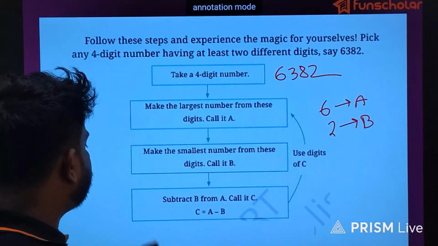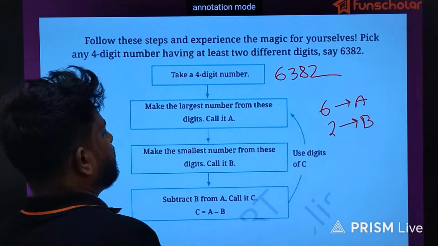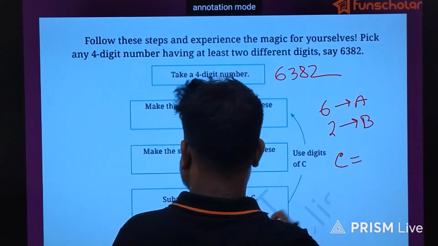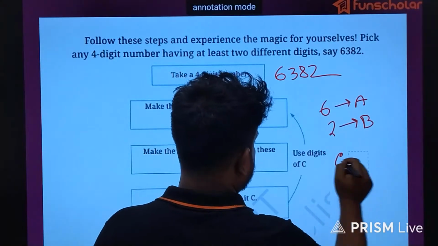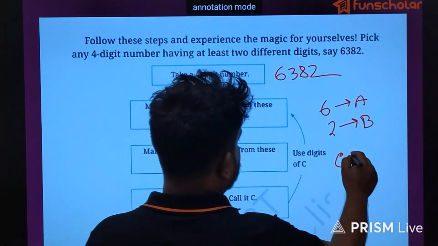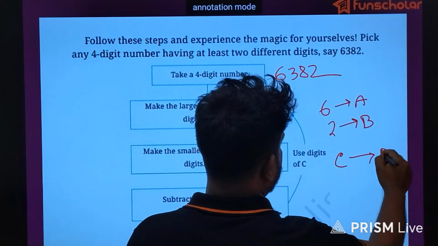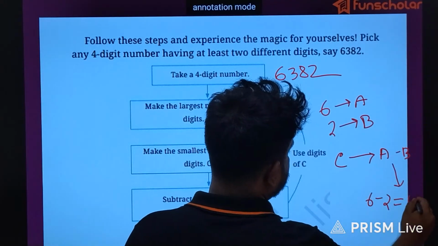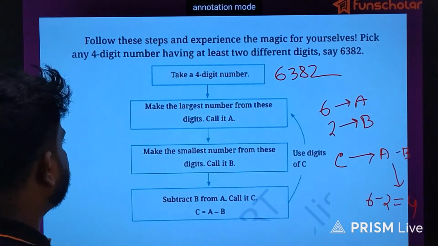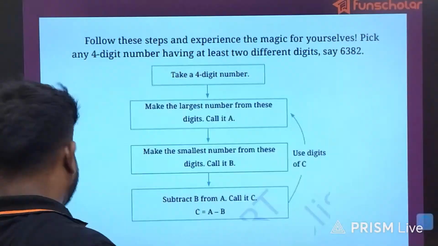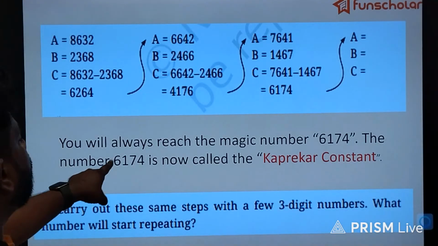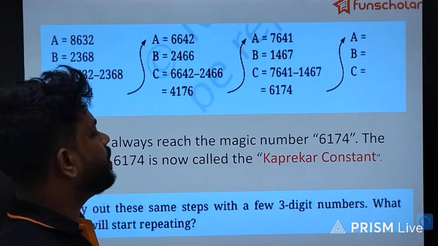Okay, subtract B from A, call it C. So C will be A minus B, and it will be 6 minus 2, that means 4. Okay, so now let's see further, that is, you will always reach the magic number 6174.